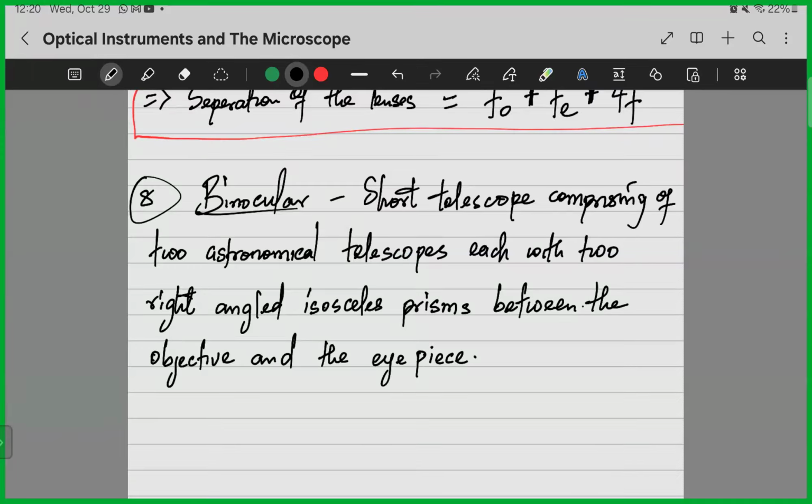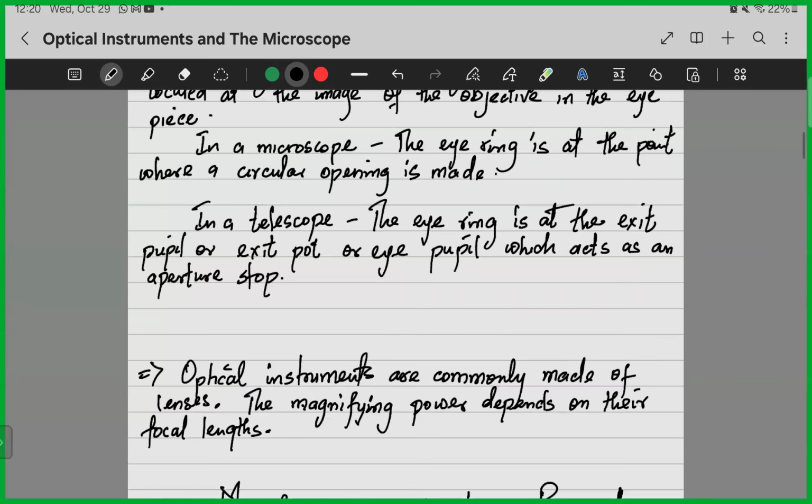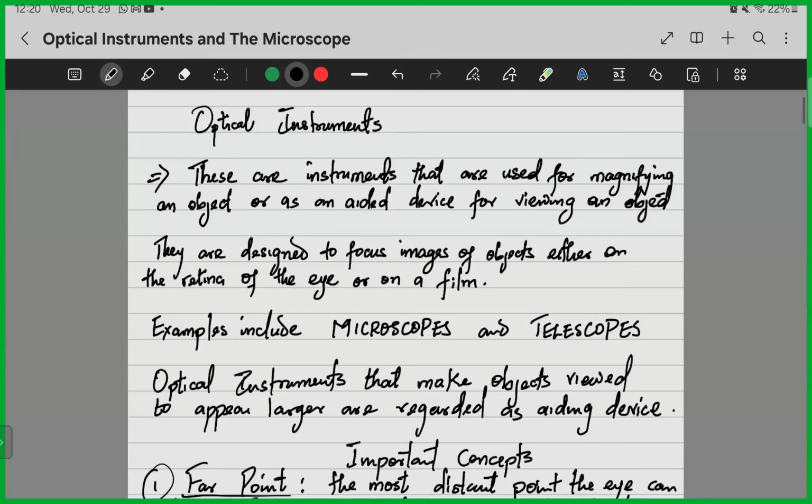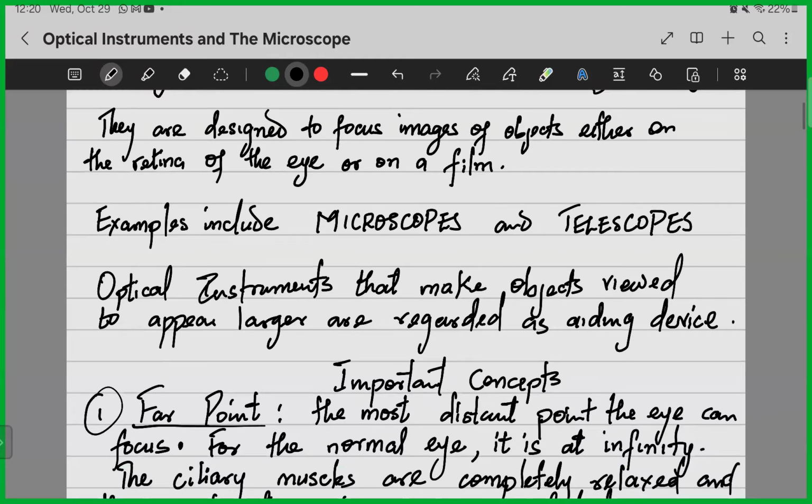So in today's class, I'll just have a review. We've talked expressly about what an optical instrument is, and we said it can be used for magnifying an object or as an aided device. Those that are aided devices make objects viewed by them appear larger.